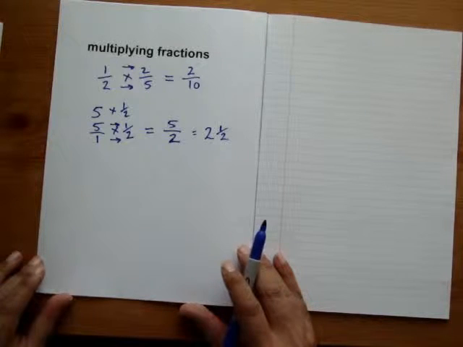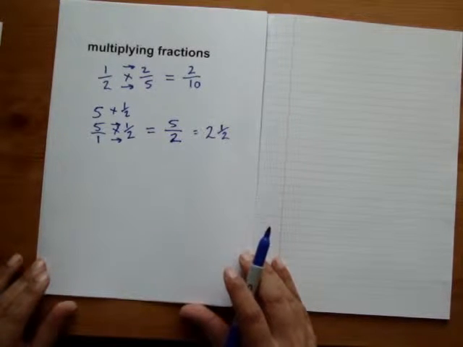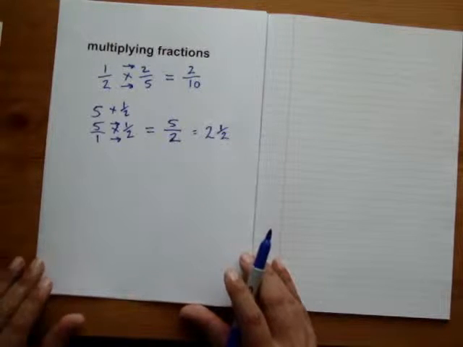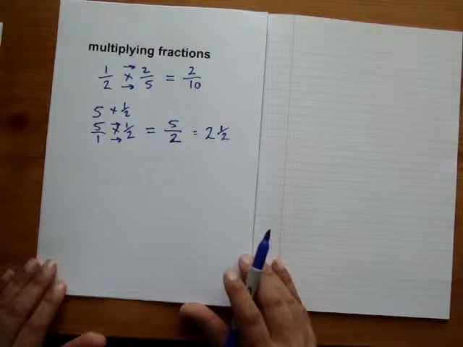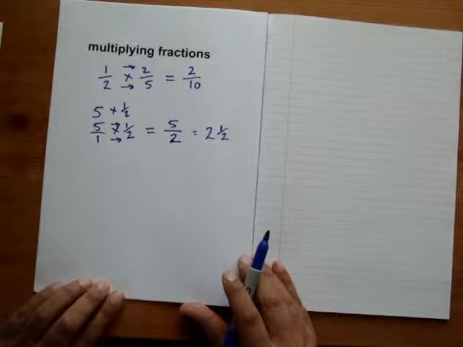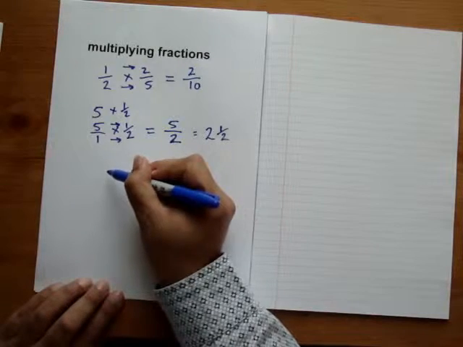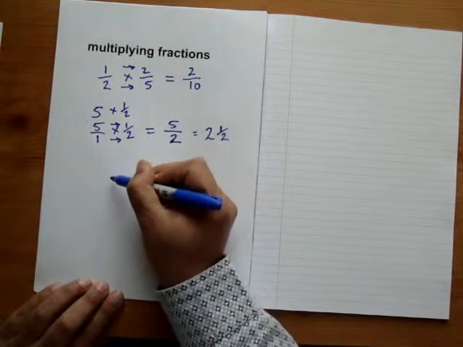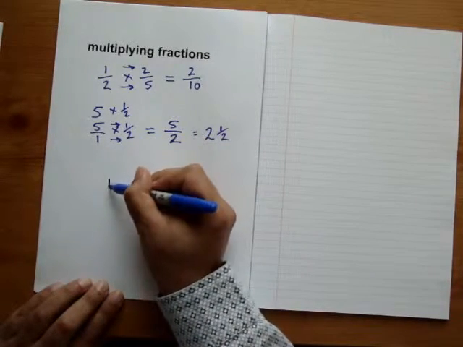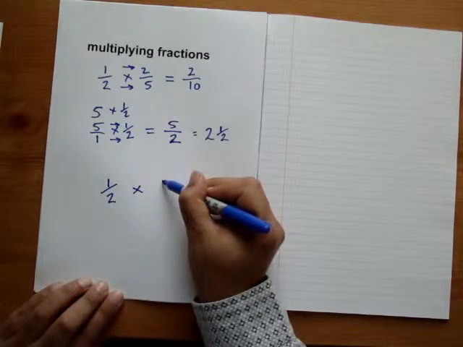Sometimes if we have larger numbers or even smaller numbers, it's easier to make the fractions smaller to multiply them together. Let's have a look at that. So for example, in this top example we had a half multiplied by 2/5.